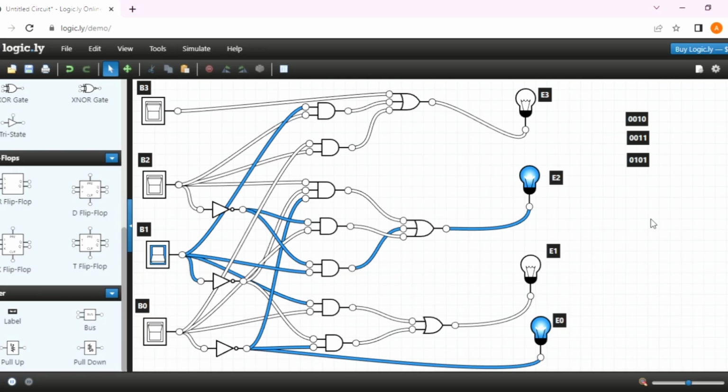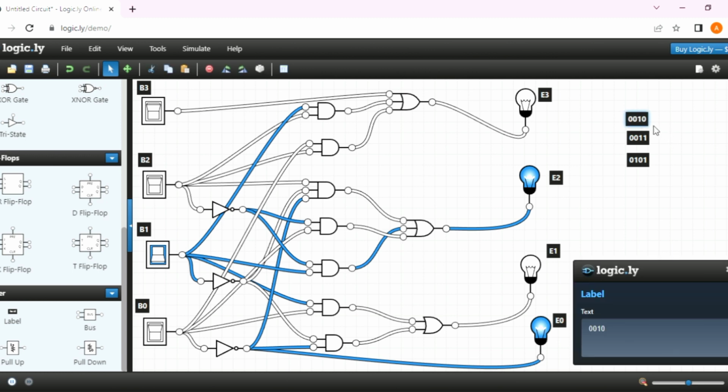Let's see the circuit diagram of the BCD to XS3 converter. Before that, we have to see the conversion from BCD to XS3. 0010 is the BCD form of decimal value 2. To convert this into XS3, we need to add 3 to it, that is 0011, the binary form of 3.